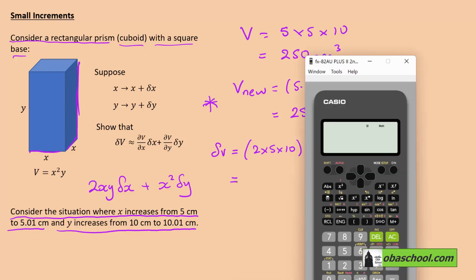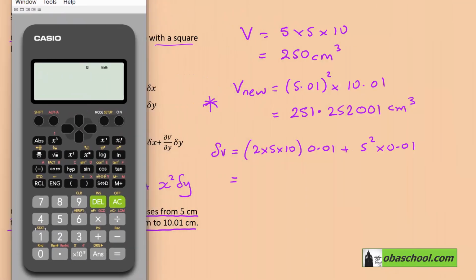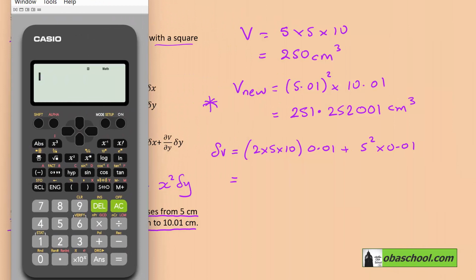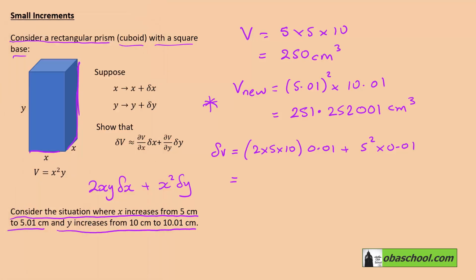So if we calculate that, we've got 100 times 0.01, add 25 times 0.01, gives us 1.25.